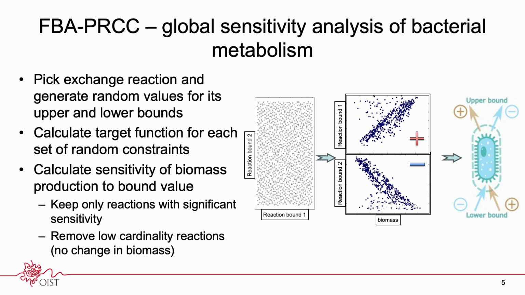We use partial random correlation coefficient as the sensitivity measure, as it provides both sign and amplitude of the effect, could be effectively calculated, and its significance could be easily assessed.